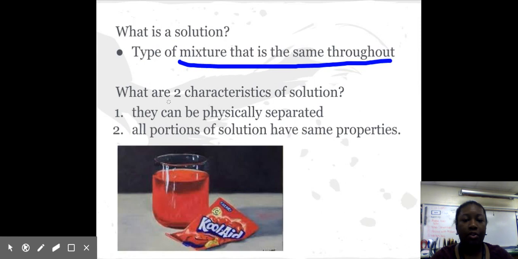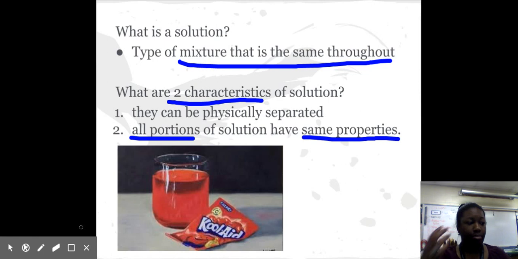And there are two different characteristics of a solution. It can be physically separated, and all portions of a solution have the same properties. Okay, so if you look at this Kool-Aid, we have the same properties: the color, the consistency, and the flavors, all from top to bottom, left to right.